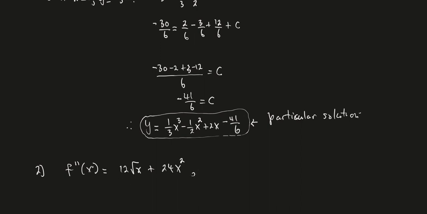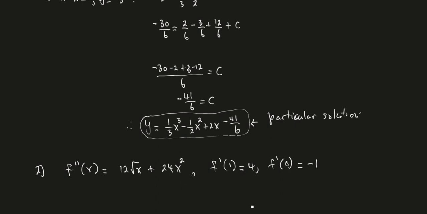That's our second derivative, right? And now let's say we know that f prime of 1 is equal to, let's say 4, and then let's say f of 0 is equal to -1, right?